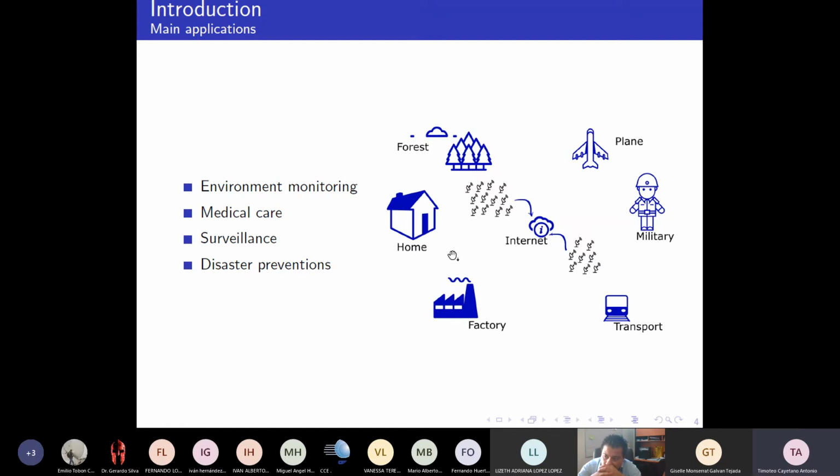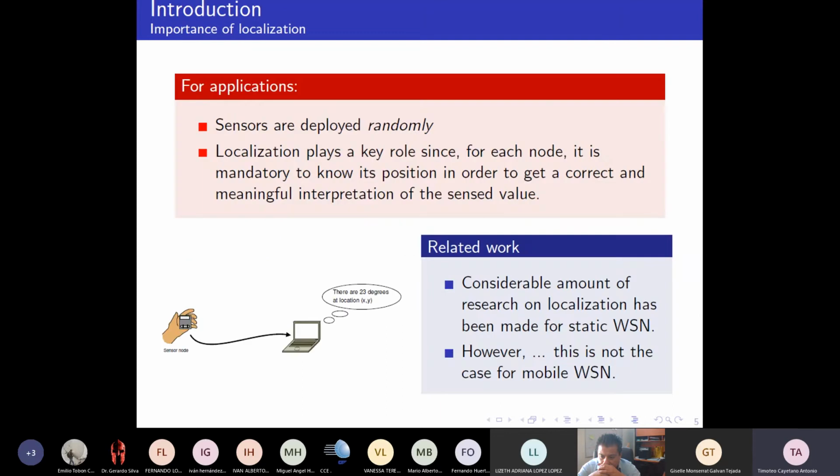A good example of these applications is the military one, when the sensors are deployed in the battlefield, and these sensors need to know, based on observations, if a movement belongs to a friend or an adversary. This is a good example of an application of sensor networks.